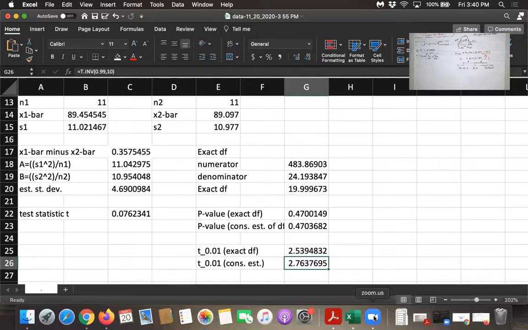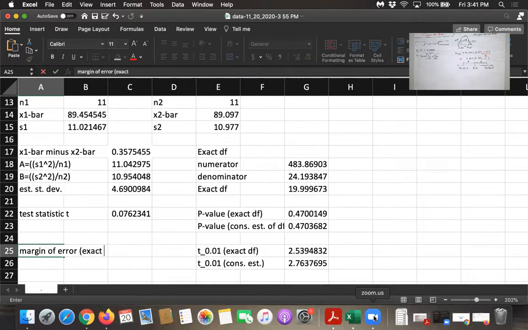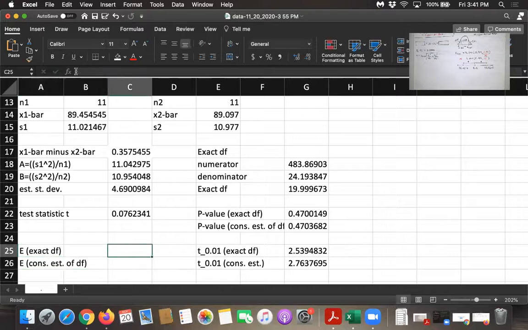Okay, now we're going to get 2 margins of error that depend on these guys. So one margin of error can be computed with the exact number of degrees of freedom. I think I'm just going to denote it by capital E because it'll make it easier. And then we'll use the conservative estimate of the number of degrees of freedom to get a value for the margin of error as well.